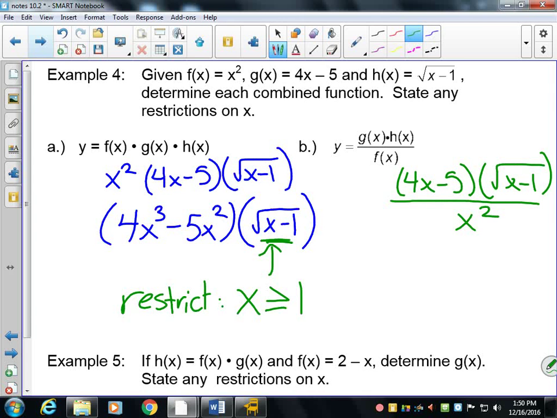That's just combined as we're going to get, because we're not multiplying by the root sign, right? And we're here. So we have some restrictions. One of our restrictions is x has to be greater than or equal to 1, right? Now, that's just from here. But what about this thing?